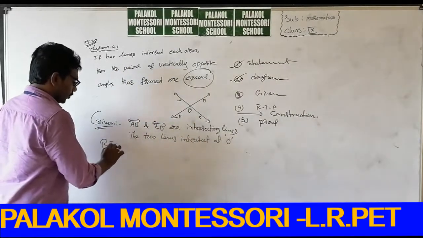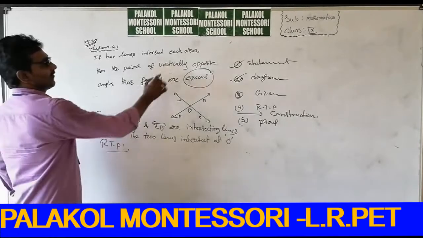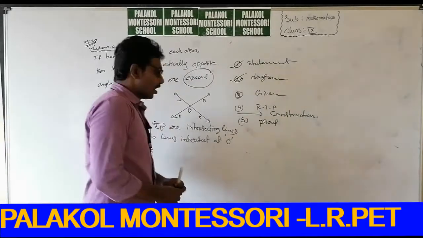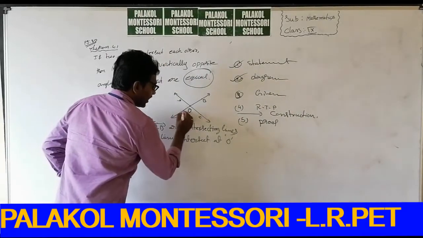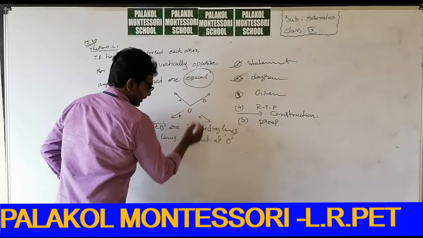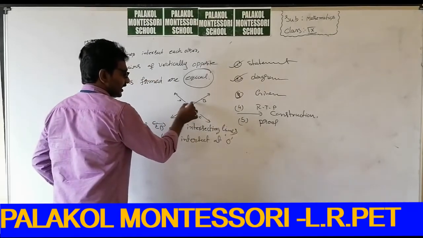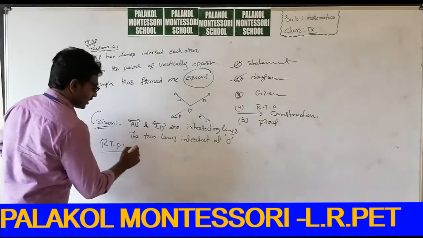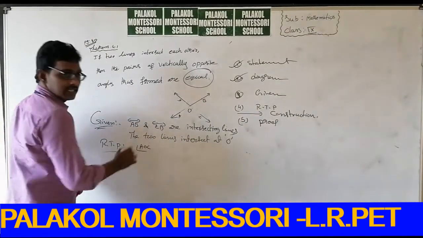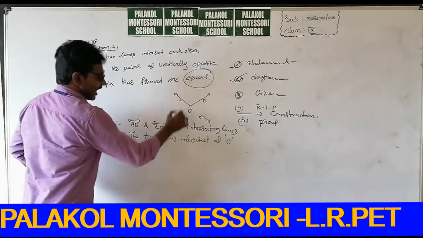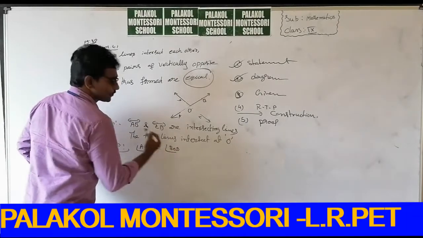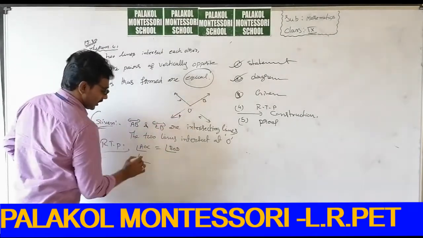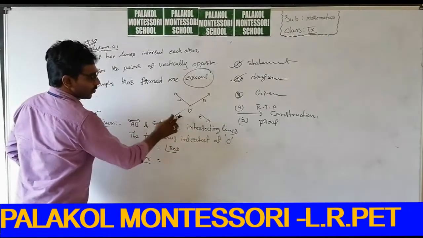Next, what do you prove? You prove the vertically opposite angles. Here, what are the vertically opposite angles? Angle AOC forms one vertical angle, and angle BOD forms the other.